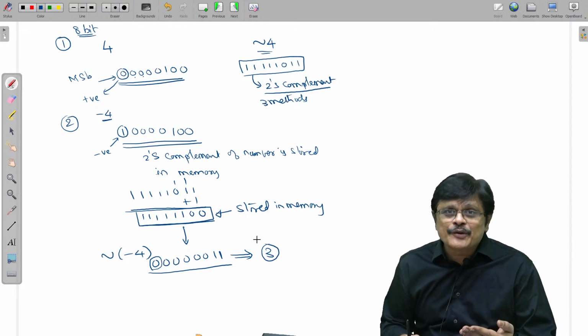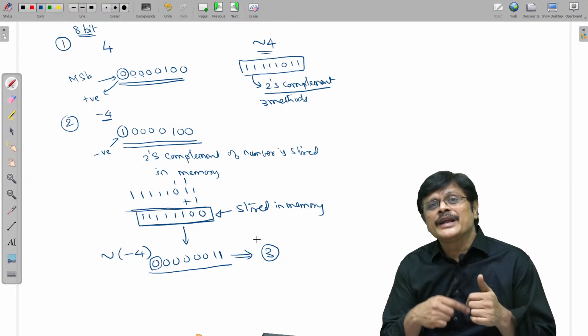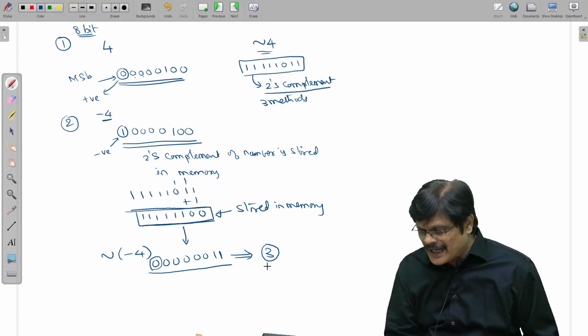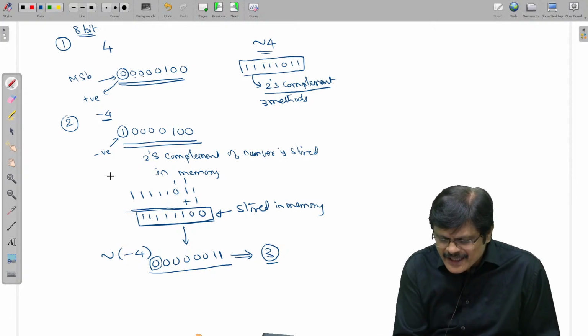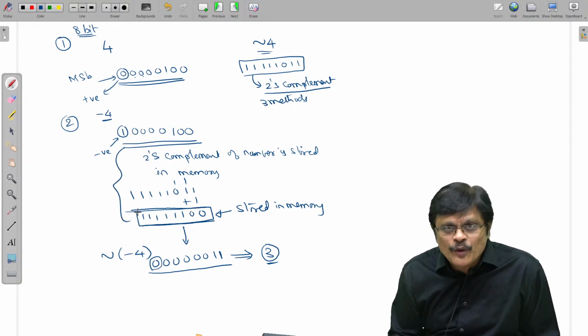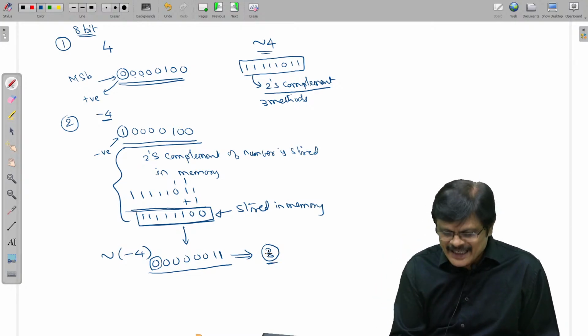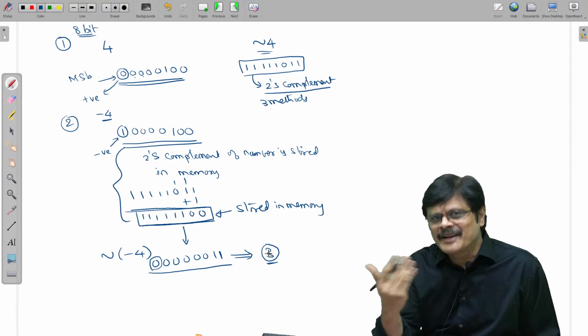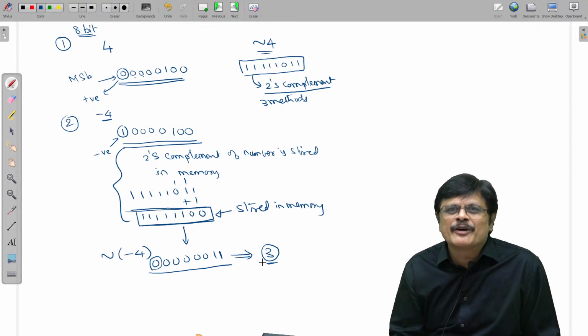So when it is a negative number, internally it is stored as a 2's complement number. And when you take complement, your answer is straightforward. So here internal work is more, but the complement work is very, very simple.